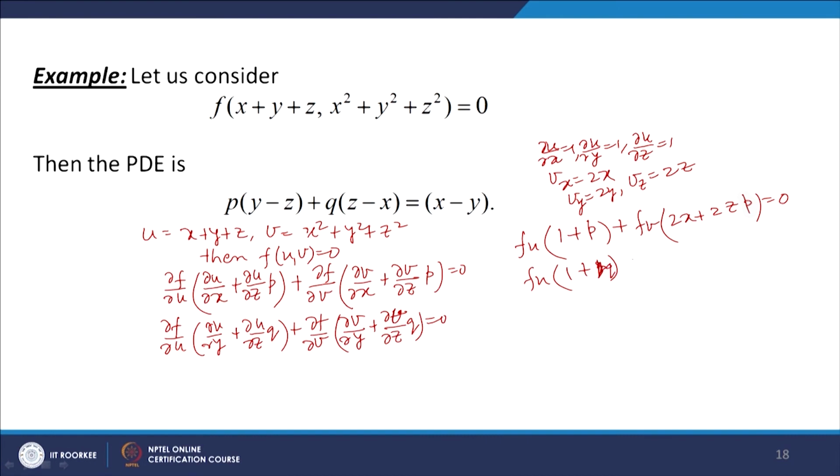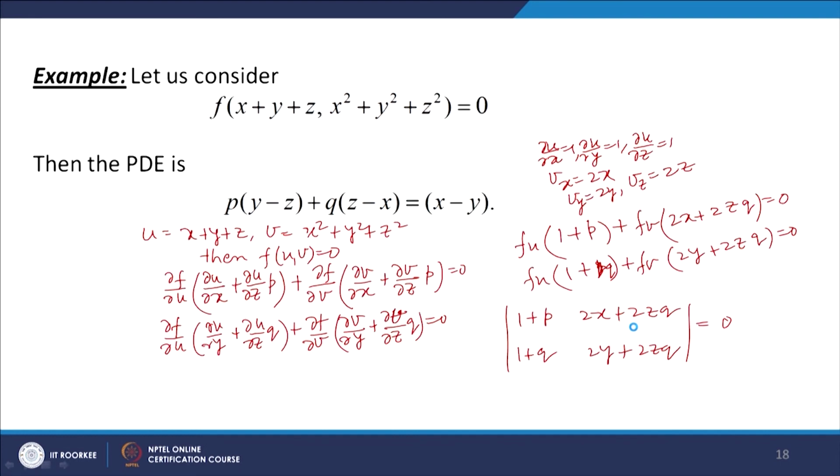So, 1 plus q and then f v multiplied by v y is equal to 2 y plus 2 z into q equal to 0. Now, we can eliminate f u and f v from here. So, 1 plus p, 1 plus q and 2 x plus 2 z p, here we have 2 y plus 2 z q equal to 0. So, when you expand this determinant, you arrive at this equation p times y minus z plus q times z minus x equal to x minus y from here.